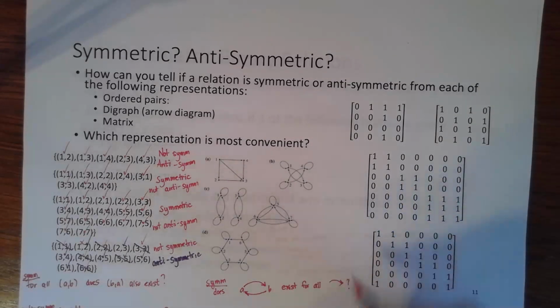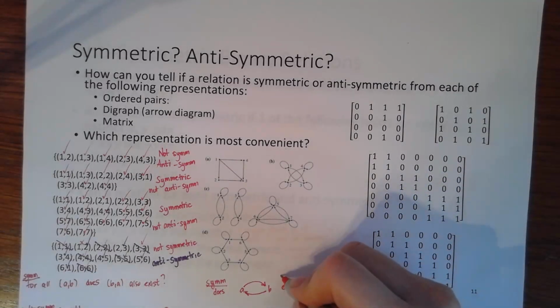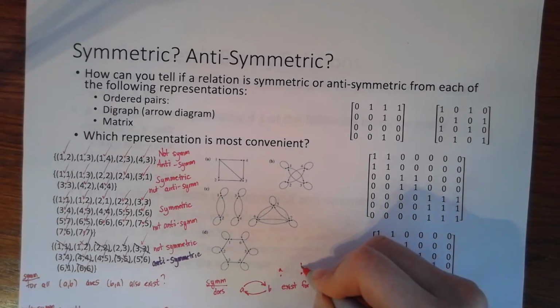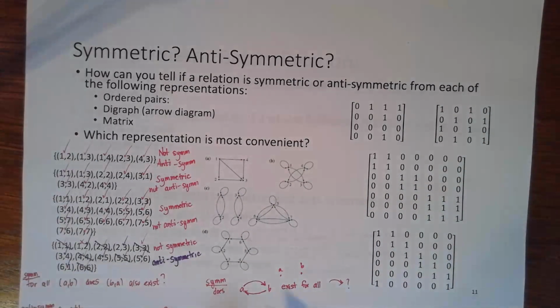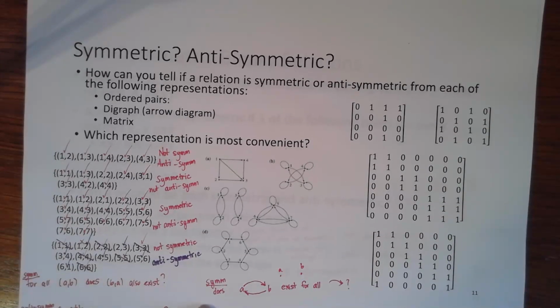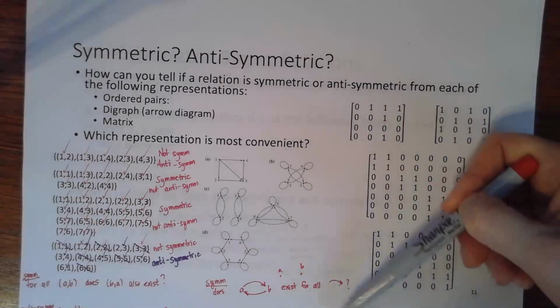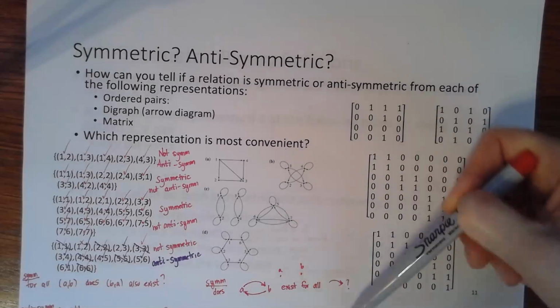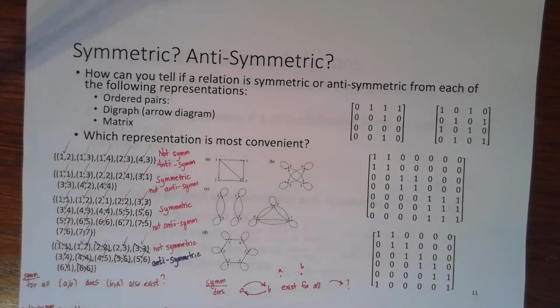You notice that this one could also have nothing like this. So symmetric is just if there exists an edge this way, then there's another one coming back. If there isn't one going, you don't need it. So we have one of these two situations to make it symmetric. For anti-symmetric, we have to have one of these three situations. And because there's an overlap here, if this is the only situation ever, then it will be both.